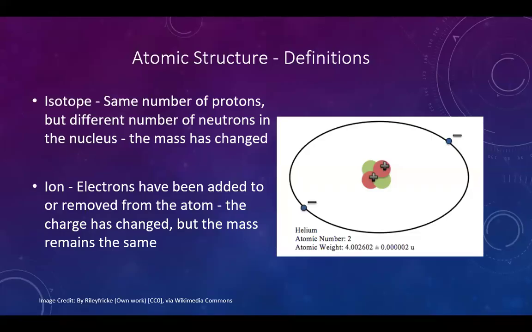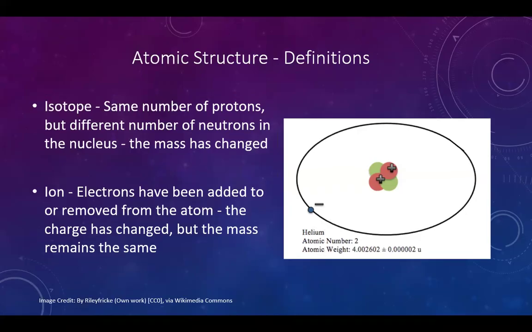If it gets ionized, you add or remove an electron. This is ionized helium. I got rid of an electron. So this would be helium plus. It has a positive charge. It's +1. If I added an electron instead of removing one, it would be helium -1.